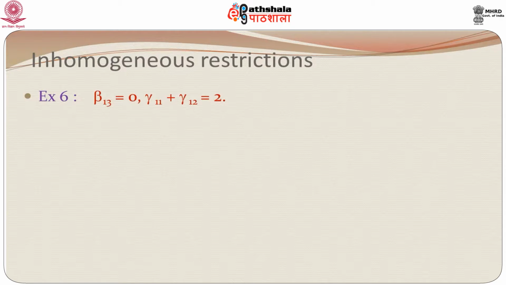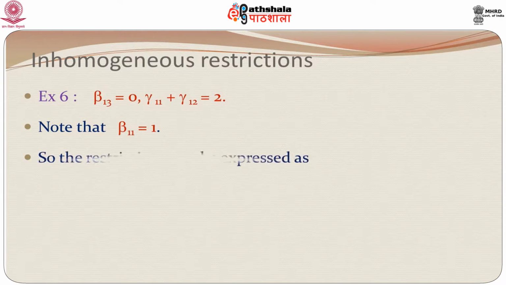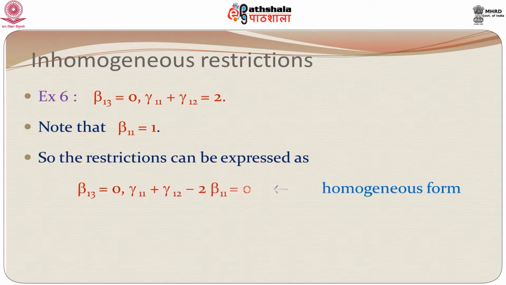But then how do I put the second condition, gamma 1 1 plus gamma 1 2 equal to 2, into the alpha prime phi j form? To do that, note that beta 1 1 is equal to 1. So, we can express the restriction as gamma 1 1 plus gamma 1 2 minus twice beta 1 1 is equal to 0. So, beta 1 1 is equal to 1 really means that gamma 1 1 plus gamma 1 2 minus 2 is equal to 0.